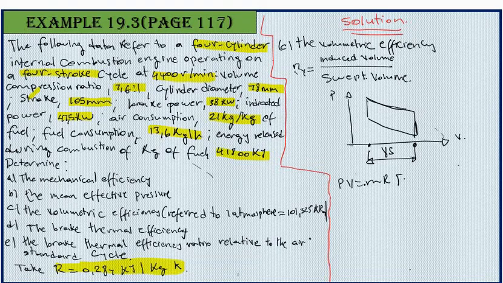From this relation we can determine the volume. So we first need to determine the induced volume and then find the volumetric efficiency later on. So V is equal to mRT divided by P.